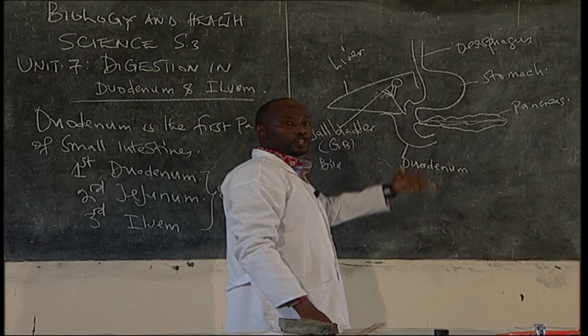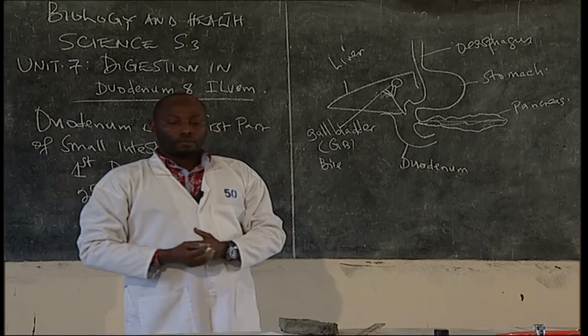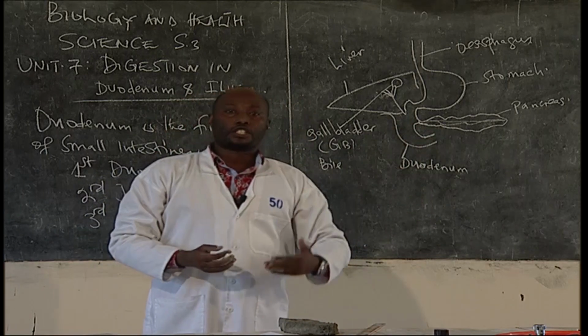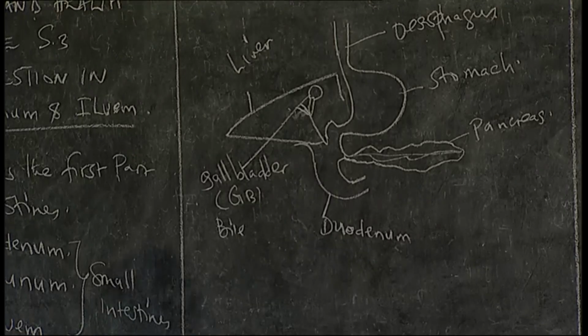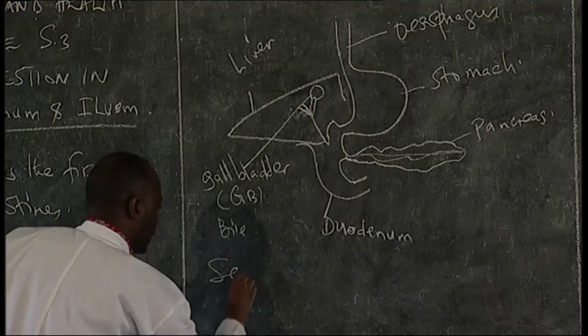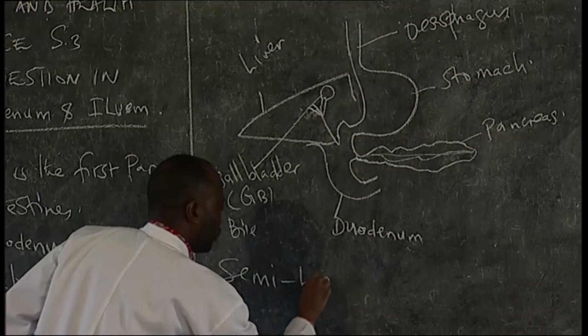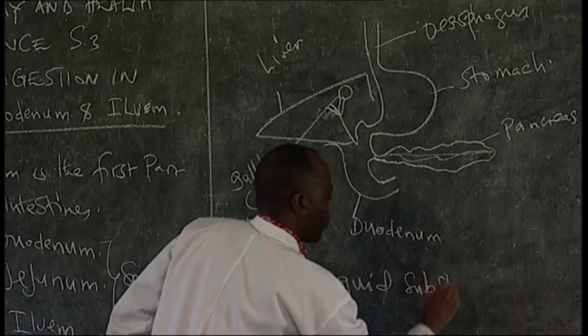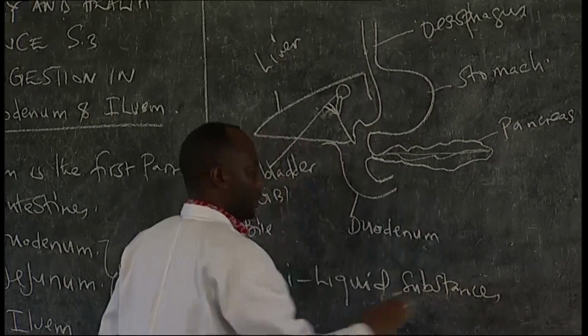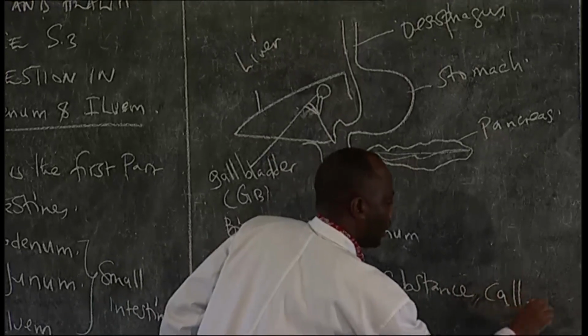So what does the duodenum do? As I said, after the food is churned, it is changed into a semi-liquid substance, greenish in color, called chyme.